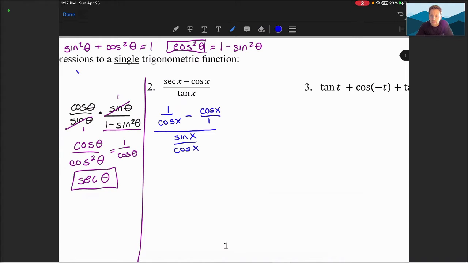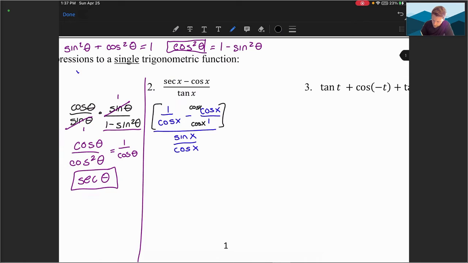Okay, so let's consider now getting our numerator cleaned up a little bit. We are adding some fractions here. So in a very similar sense, we can consider getting a common denominator of cosine in this numerator portion. So I can multiply here by cosine of x and cosine of x to get a common denominator.